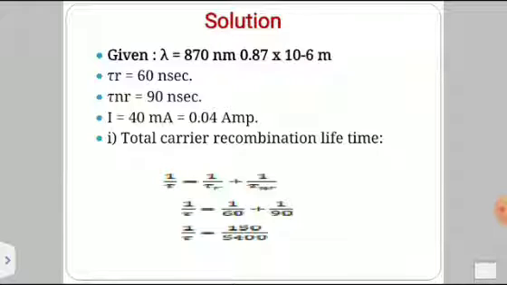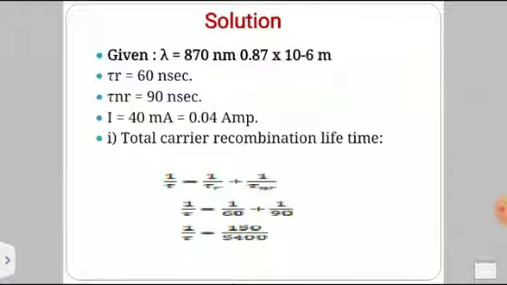The given data are: lambda is equal to 870 nanometer, which you can convert into meters, that is 0.87 into 10 to the power of minus 6 meters. Tau r is 60 nanoseconds, tau nr is 90 nanoseconds, and the injected current is 40 milliamps, which you can convert into amps, that is 0.04 amps.